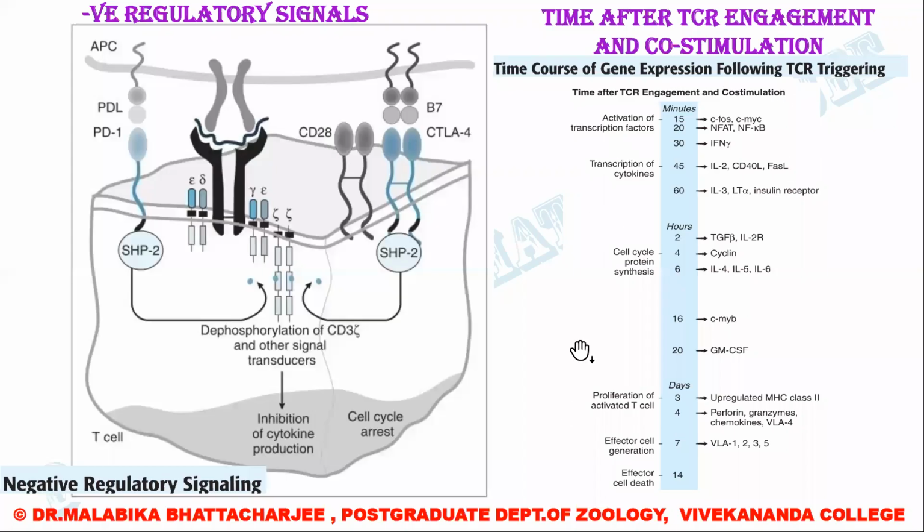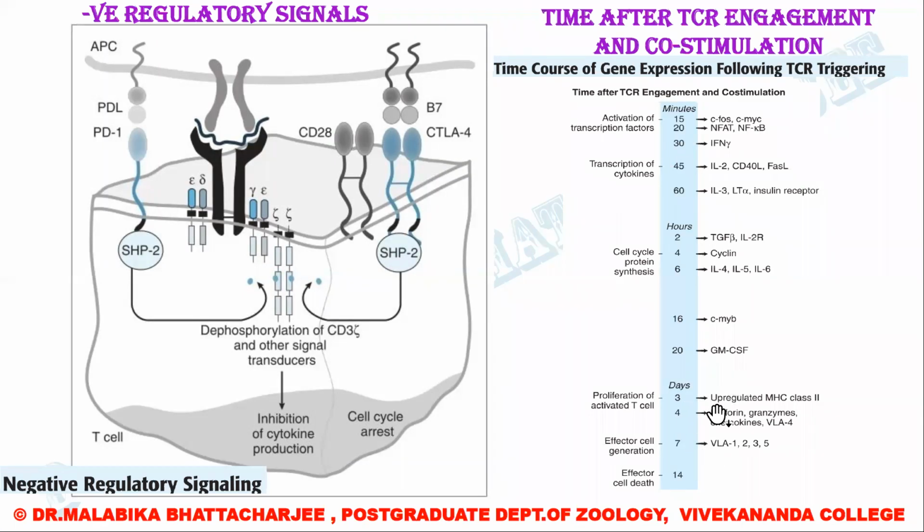For today's class, this will be our last picture, and this is the time after TCR engagement and post-stimulation. As you can see, certain genes have been indicated, and these are the genes that are activated within 15 to 60 minutes, hours within 2 to 20 hours, and days within 3 to 14 days. The life of an effector cell usually stays for 3 to 4 days.